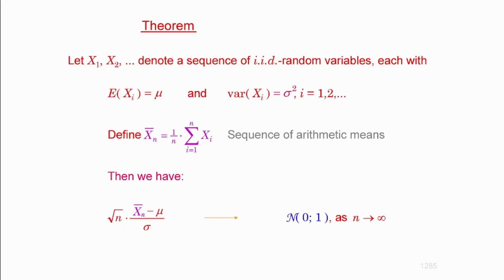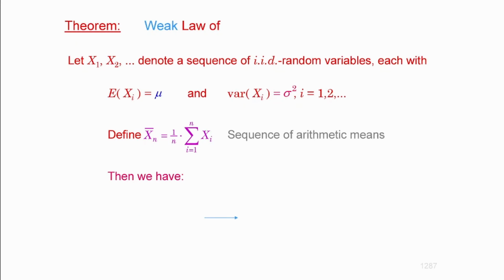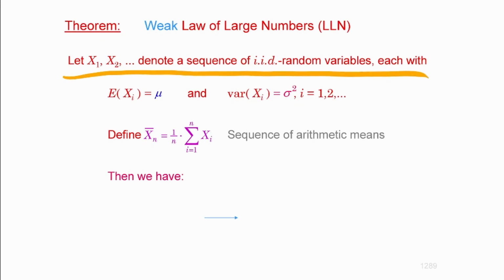Anyways, I'm going to continue, and I'm going to also address the weak law of large numbers first. The weak law of large numbers, you have the same consideration. You have i.i.d. random variables, each having the respective mean, which is mu, and the same variance, which is sigma squared.